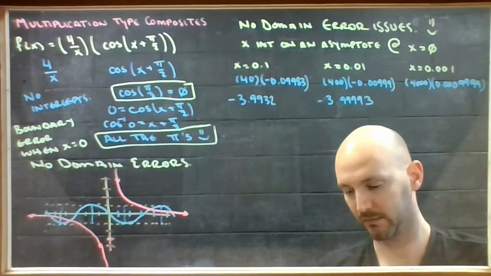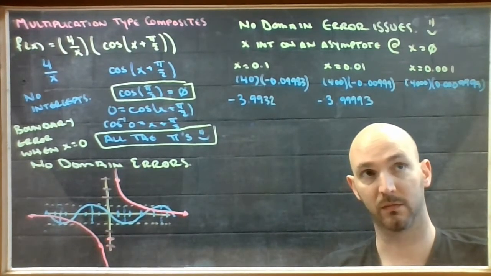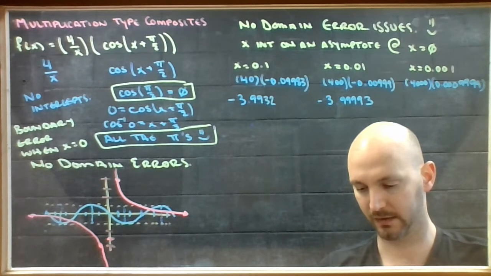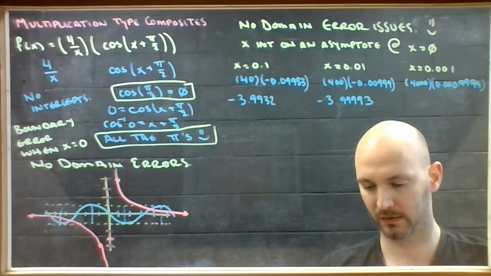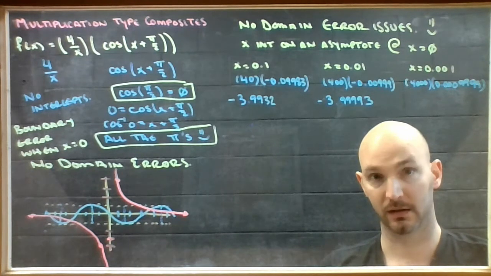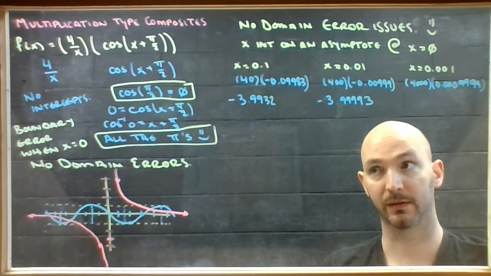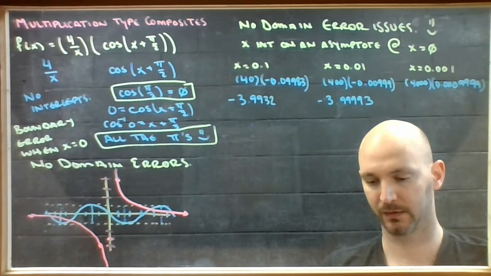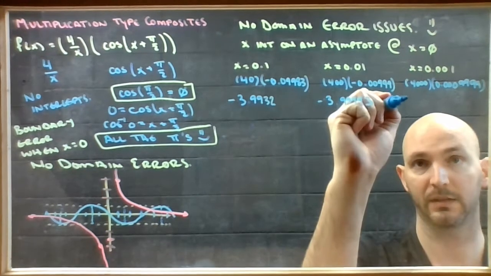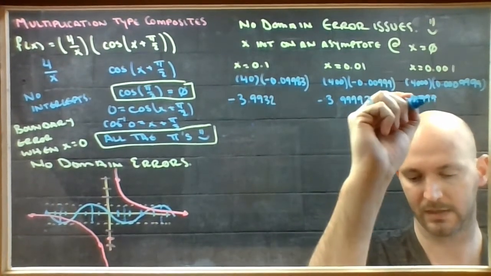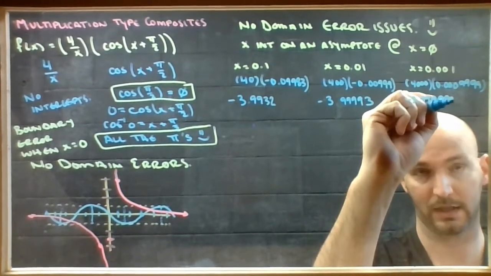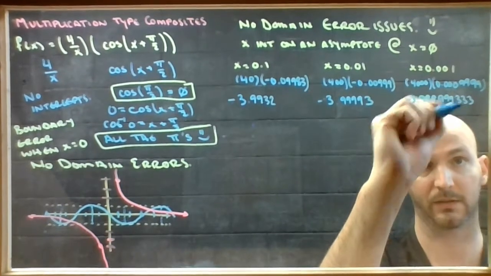And for this one, 0.001 plus pi over 2 equals, cosine of that times 4,000 equals negative 3.999999933.